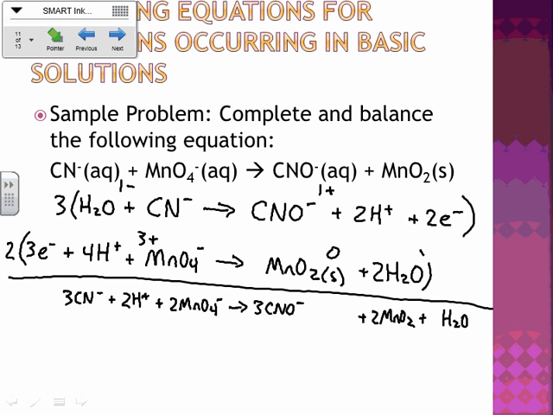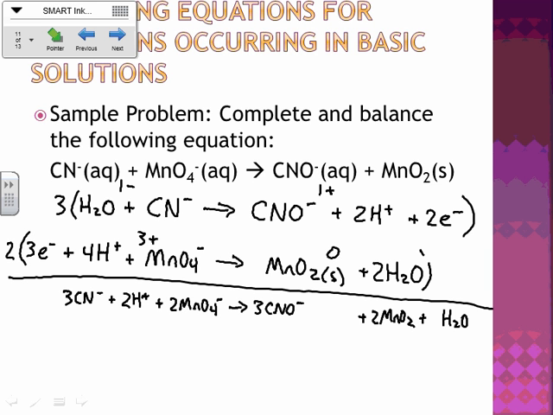But the problem with this net equation that we have written is it has H plus in it. And we know there's no H plus in this solution, there's OH minus, because this is a basic solution. So here's what I'm going to do. I'm going to add OH minus to both sides of this equation. And this is weird, but this is like in algebra. When you add something to both sides of the equation, it doesn't really change the value of the equation at all.